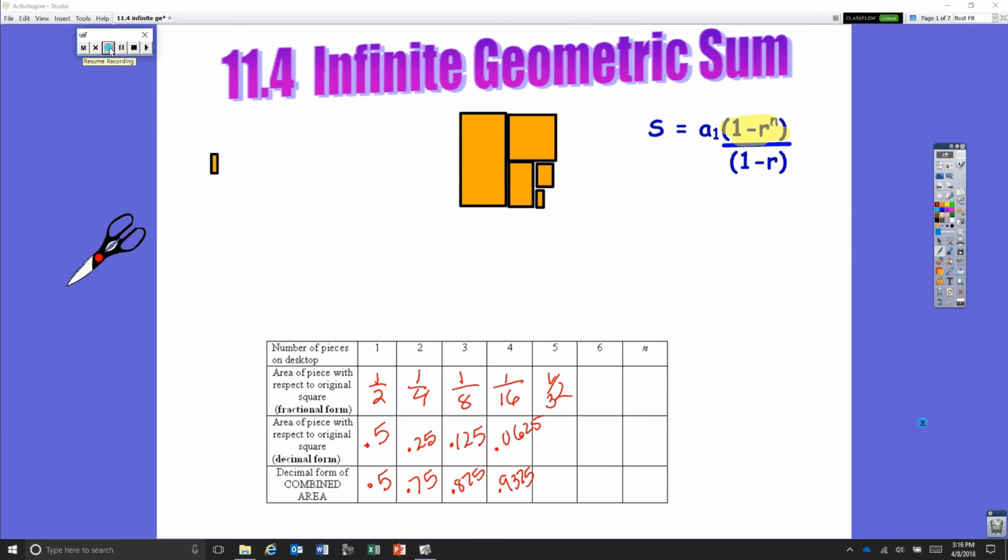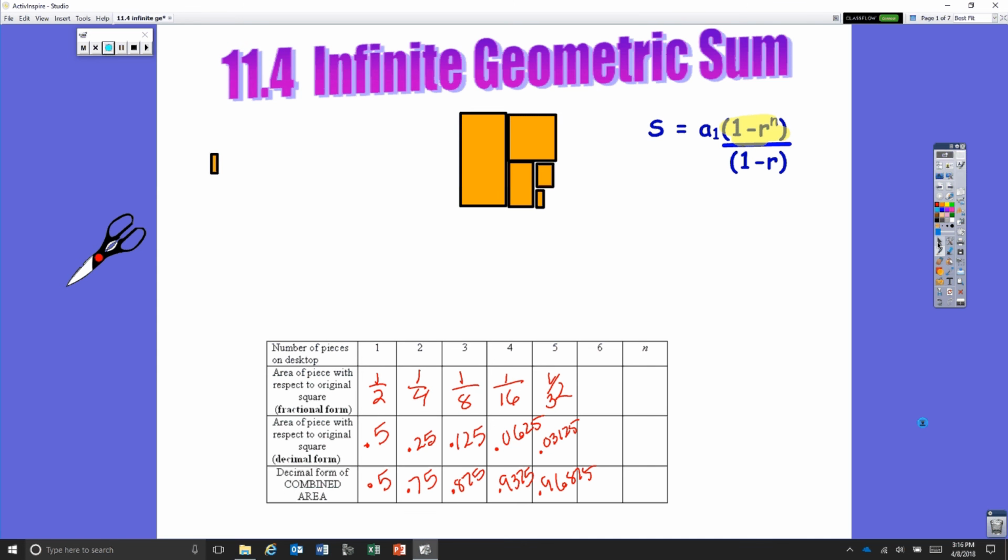Which is 0.03125, added to my 0.9375, gives me 0.96875.